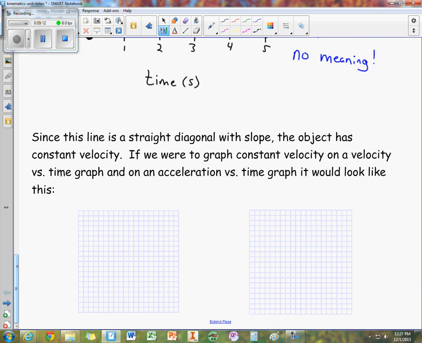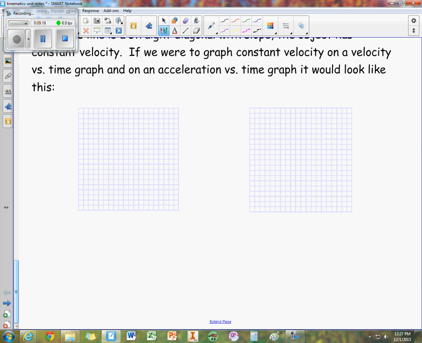Now, since this line is a straight diagonal with a slope, we can say it has a constant velocity. So if I were to take a look at a velocity versus time graph, well, this would be a horizontal line at 5 meters per second.